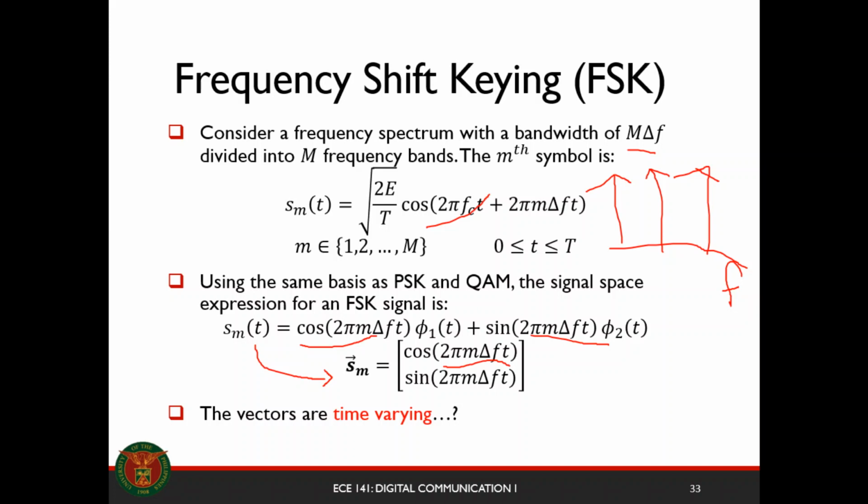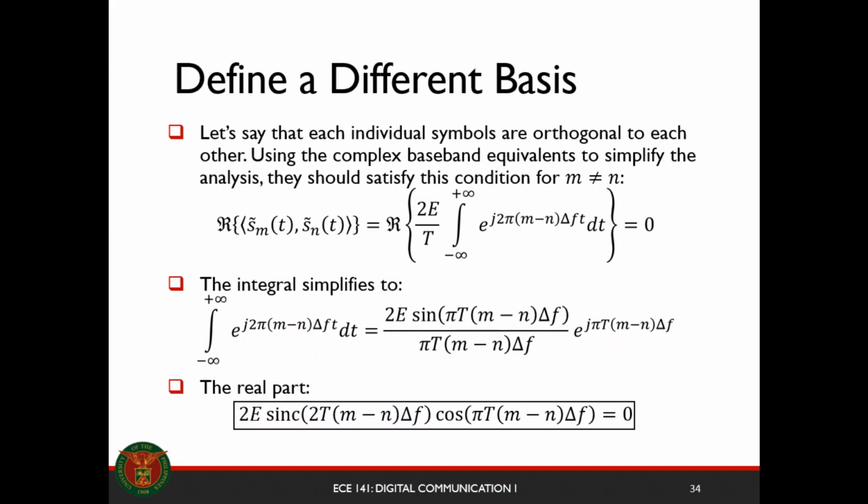We actually need to define a different basis for our FSK signal. Okay, so let's say that each individual symbol is orthogonal to each other. So using the complex baseband equivalent, we can just represent them as complex baseband. We can simplify the calculation and the derivation.